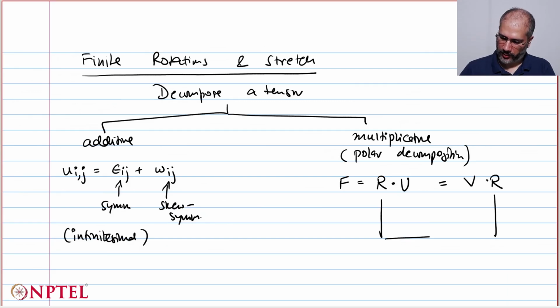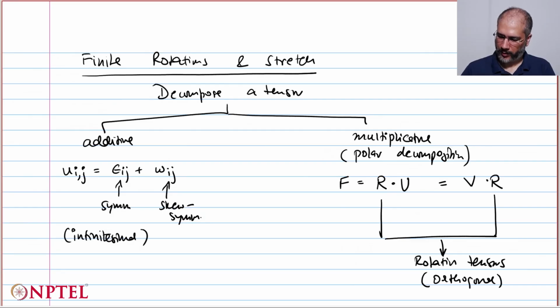So these R's, they are rotation tensors. So they basically are orthogonal. And this U and V, these are stretch tensors and they are symmetric.